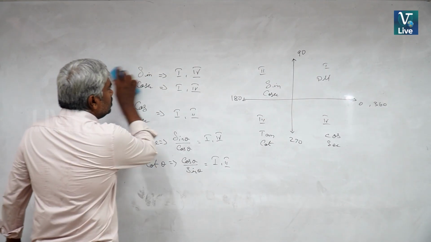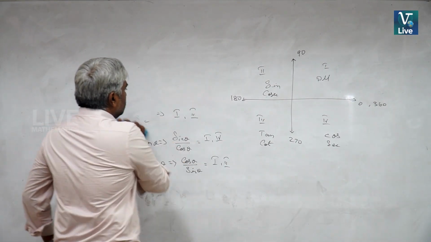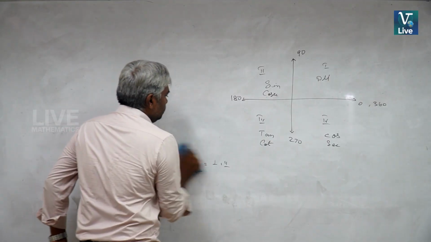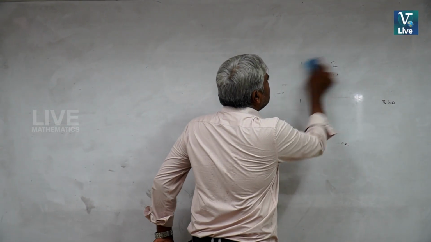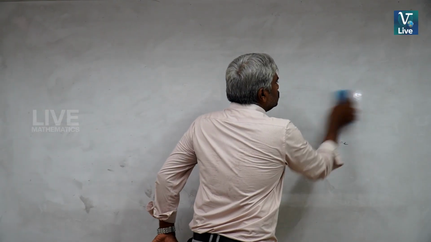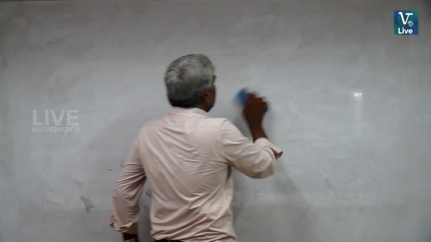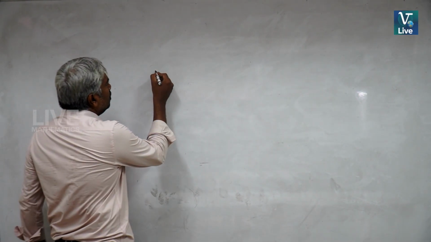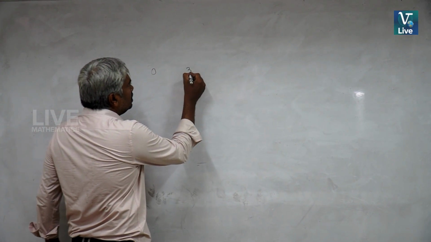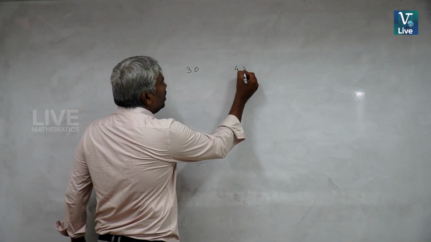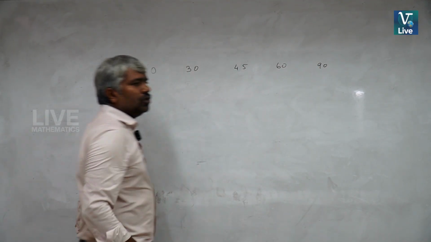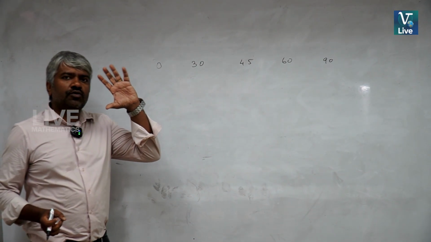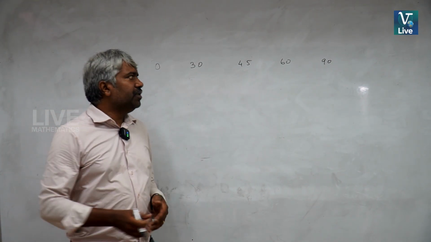Now I'll explain another table, which you learned in your class 10, but I am going to extend the table. In class 10 you learned the trigonometric ratios for 0, 30, 45, 60 and 90 degrees, and you would have marked up the whole table of all the trigonometric ratios.